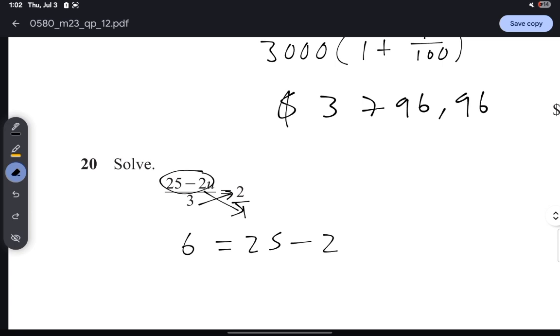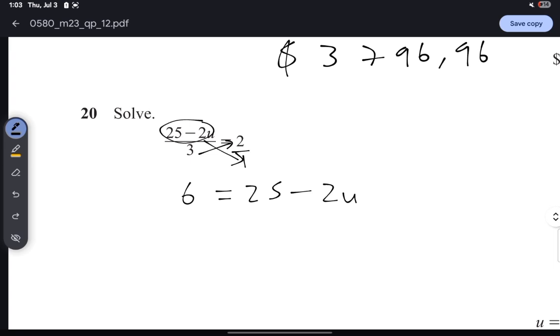And we need to isolate this u, so I'm going to take it to the other side. And remember, change side, change sign. Moving this 6 to the other side, it becomes minus. Then this 2u becomes positive.